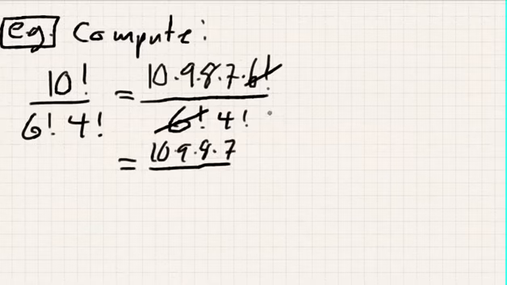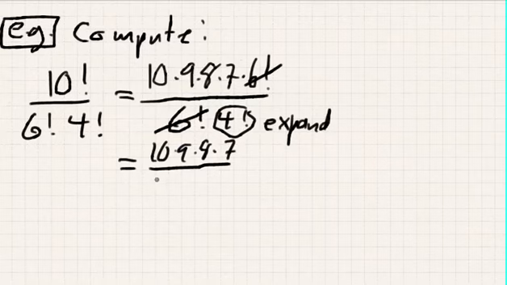Now let me also write out what 4 factorial literally means. It's 4 times 3 times 2 times 1. There's not going to be nice cancellation like we had up here, but whenever we have something like this, where the two numbers on the bottom add up to the number on top, we will have cancellation.